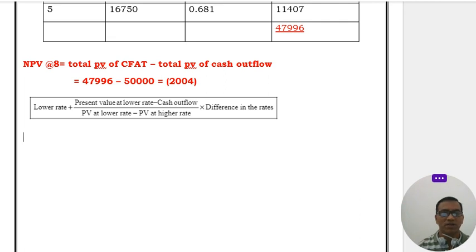Apply the formula. IRR equals lower rate plus present value at lower rate minus cash outflow, divided by PV at lower rate minus PV at higher rate, multiplied with the difference in the rates. What are the two rates I have with me? 10% and 8%. 8% is the lower rate.